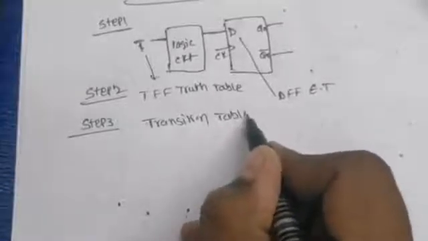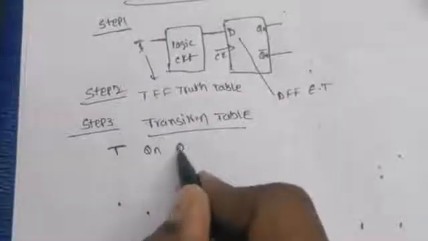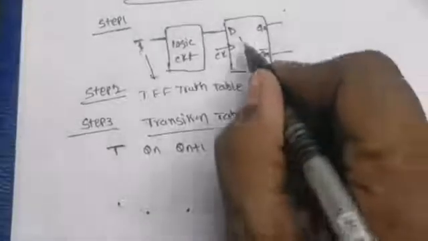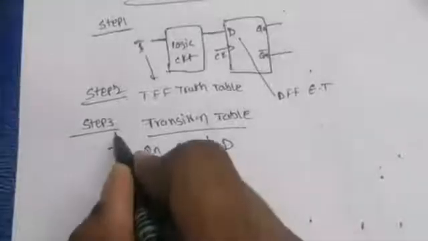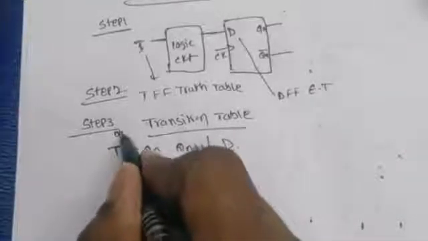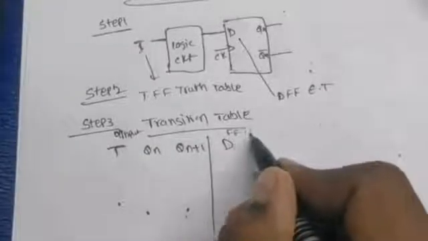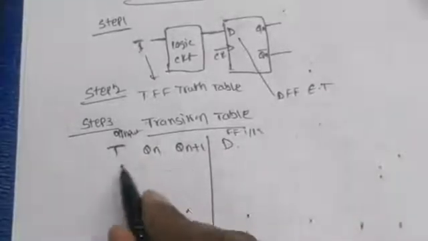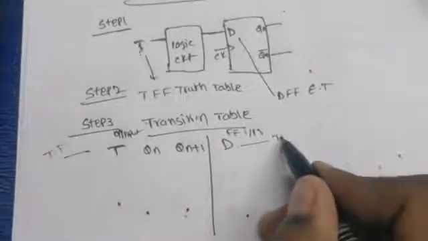In this transition table, the original input is T and the present state is Qn. The next state is Qn plus 1, and the flip-flop input is D. This is the original input, and this is the flip-flop input. Using the truth table we fill this one.